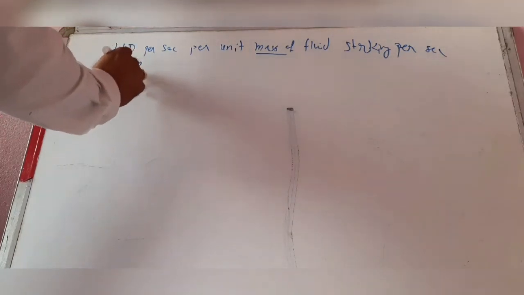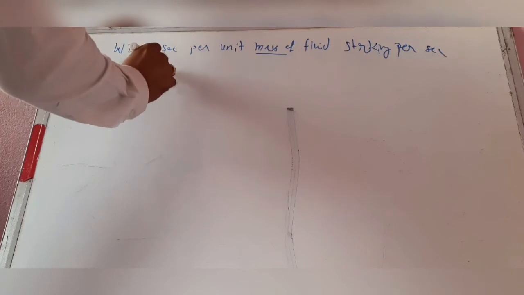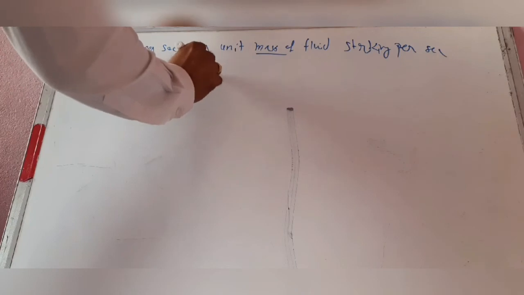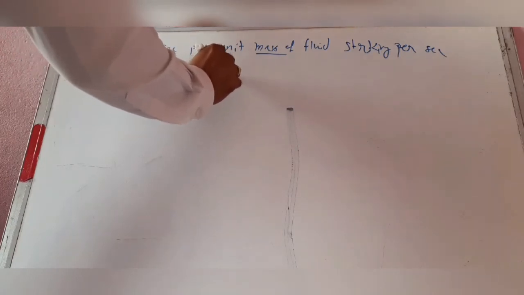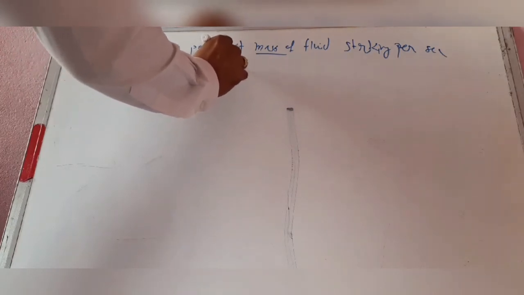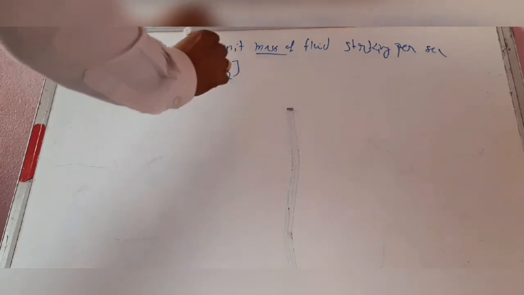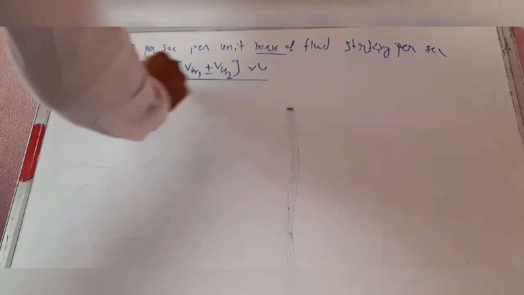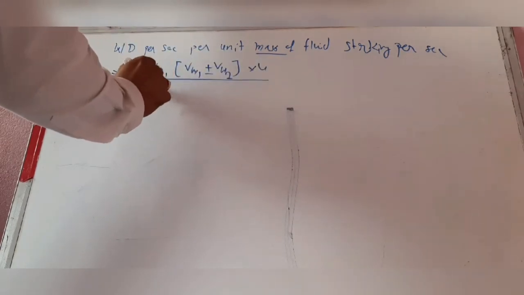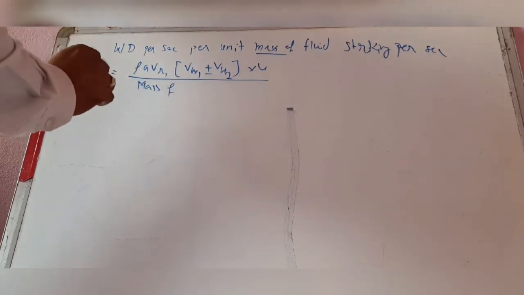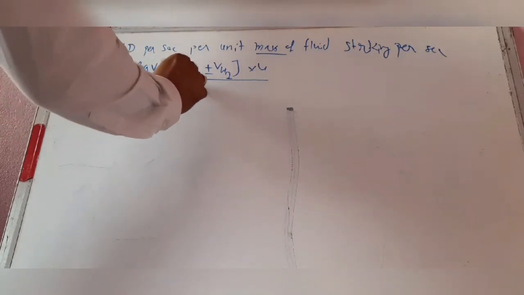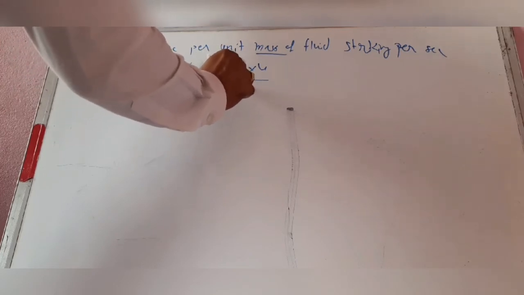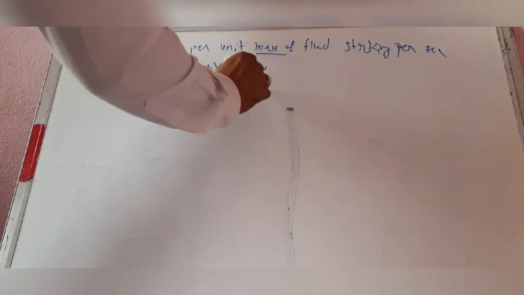So this is rho A VR1 into (VW1 plus or minus VW2) into U, divided by the mass of fluid striking per second.